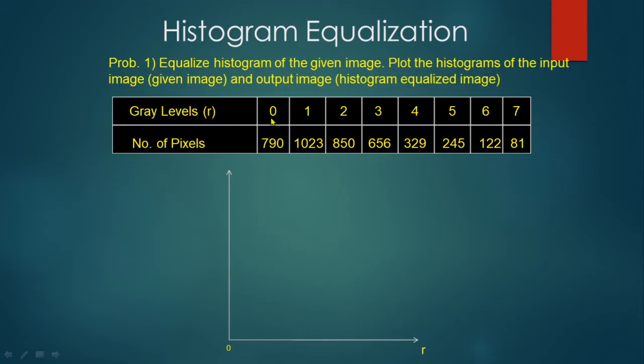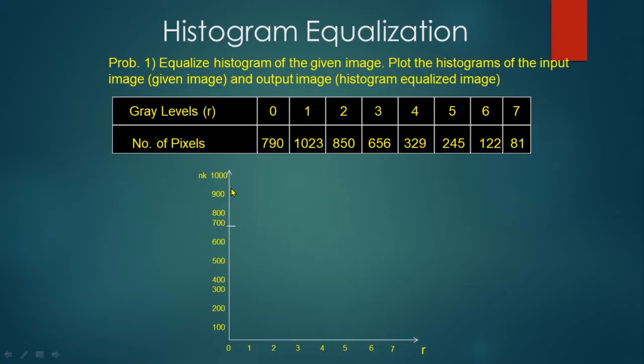These gray levels are from 0 to 7, so we can take the step value as 1, that is 0, 1, 2, 3, 4, 5, 6, 7. Here the maximum number of pixels is 1023, so we can take the scale or step value as 100, that is 0, 100, 200 like that.